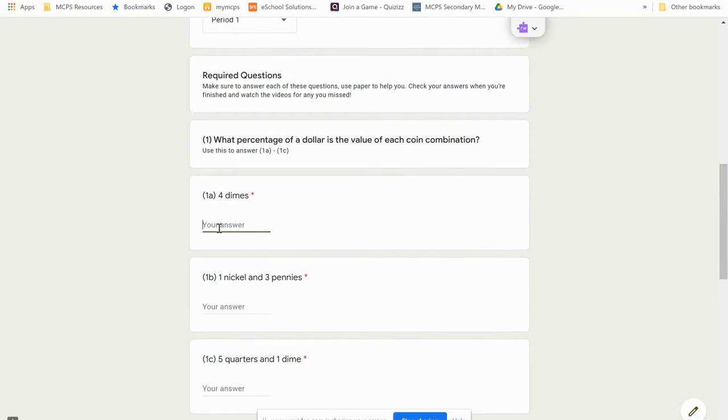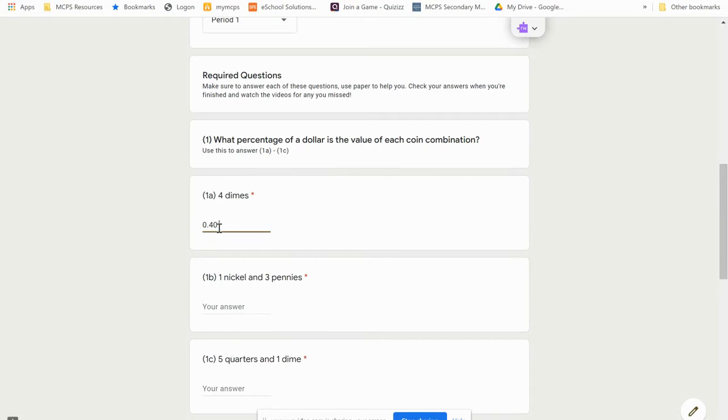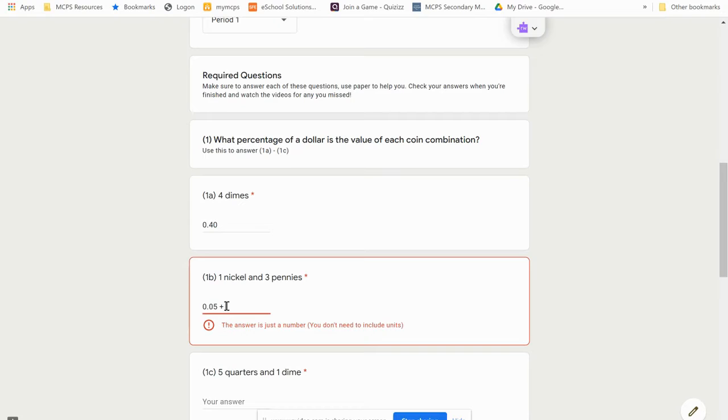4 dimes. I know a dime is worth 10 cents. So 10 times 4 is 40 cents. Okay, 1 nickel and 3 pennies. I know a nickel is worth 5 cents, and I know 3 pennies is worth 3 cents.